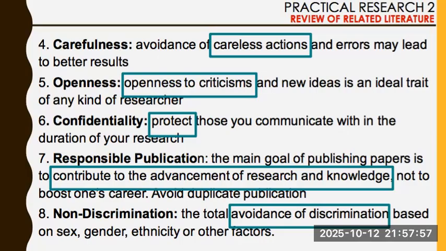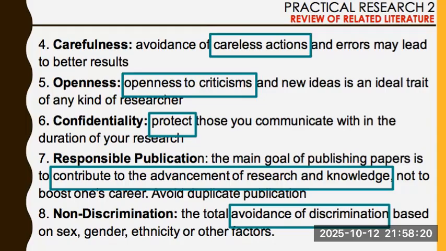And finally, the last one is non-discrimination. We treat all research subjects, authors, and colleagues fairly regardless of sex, gender, ethnicity, religion, or other characteristics. Non-discrimination promotes fairness and produces more unbiased findings.